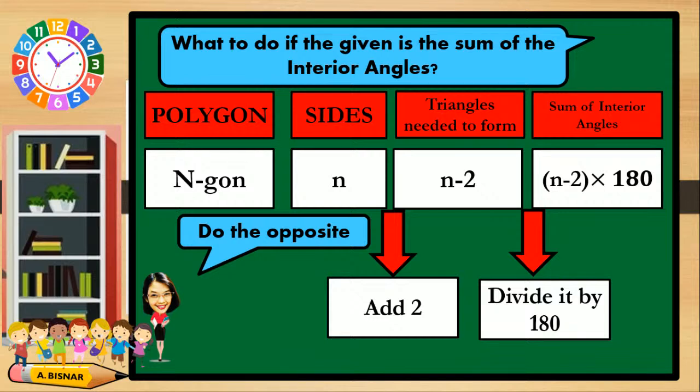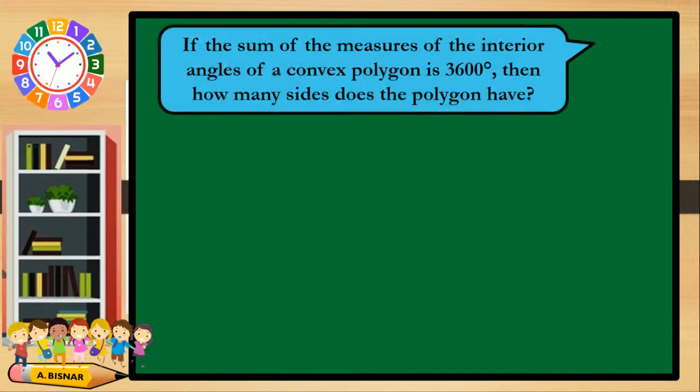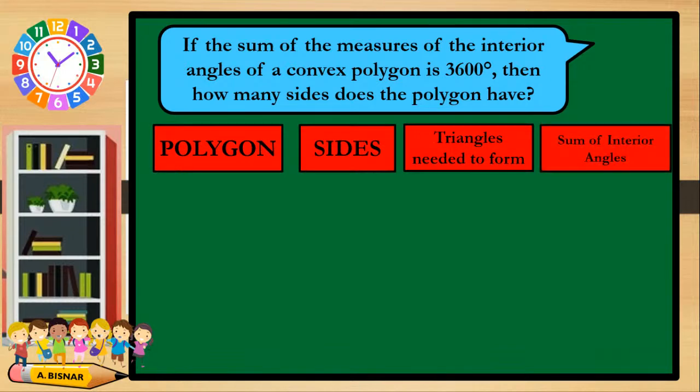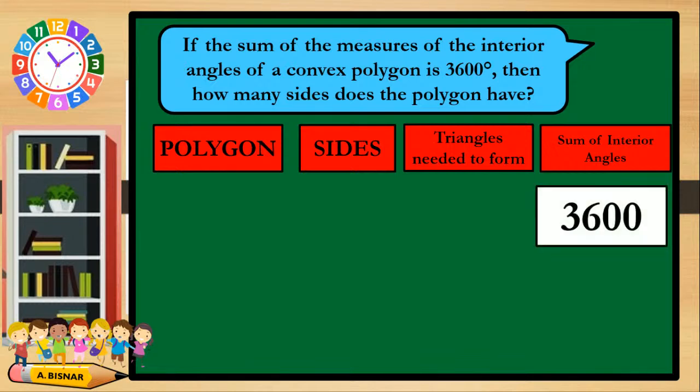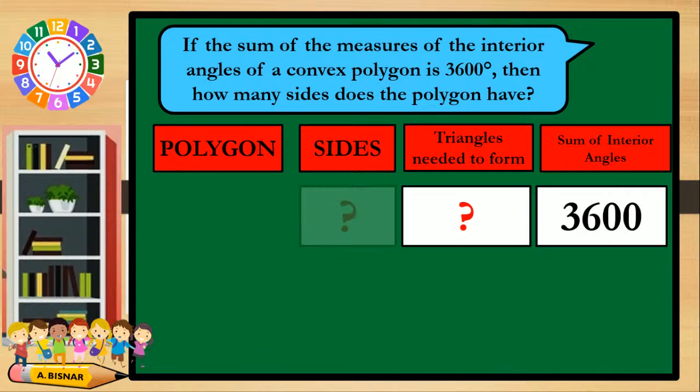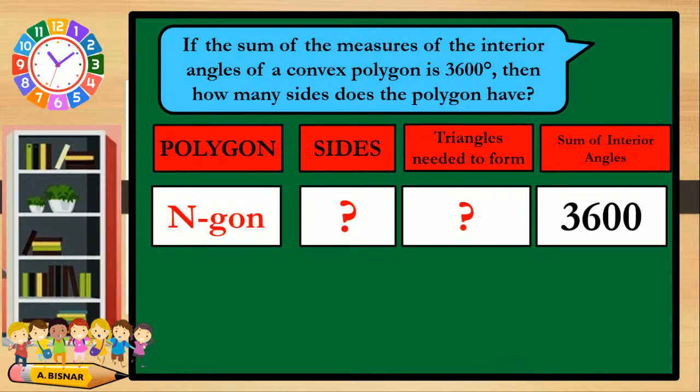So, to understand it further, let us have an example. If the sum of the measures of the interior angles of a convex polygon is 3,600, then how many sides does the polygon have? So, halimbawa ito, 3,600 yung sum of the interior angles. So, ang hahanapin mo ay kung ilan yung triangle na kailangan para mabuo yung polygon.